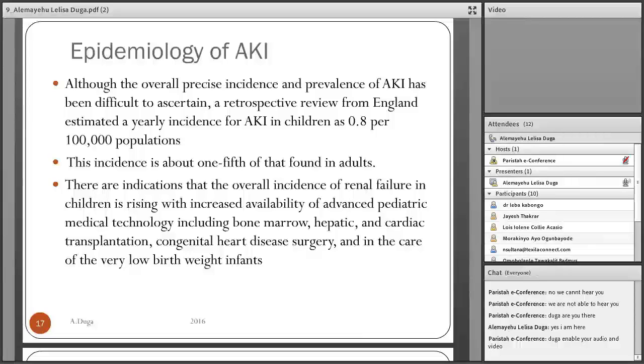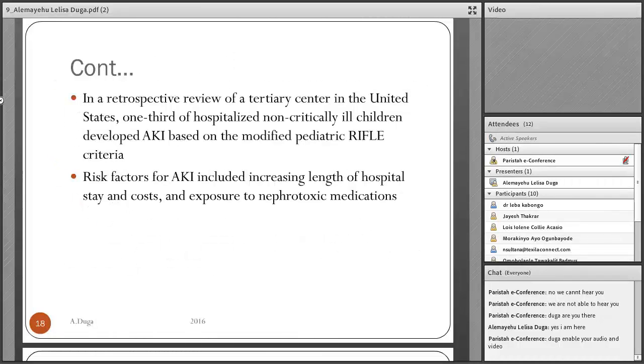A retrospective review from England estimated a yearly incidence of acute kidney injury in children as 0.8 per 100,000 population. So this is about 1/5 of that found in adults. In a retrospective review of a tertiary center in the United States, 1/3 of hospitalized non-critically ill children developed AKI based on modified pediatric RIFLE criteria.